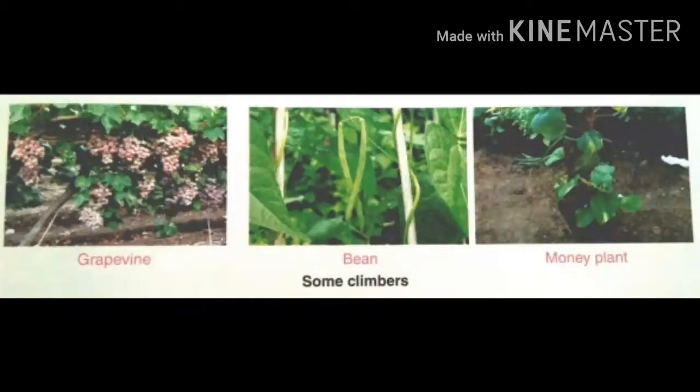Next one, climbers. Plants with soft, green and weak stems that climb up with the support of nearby plants are called climbers. Examples are grapevine, bean and money plant.